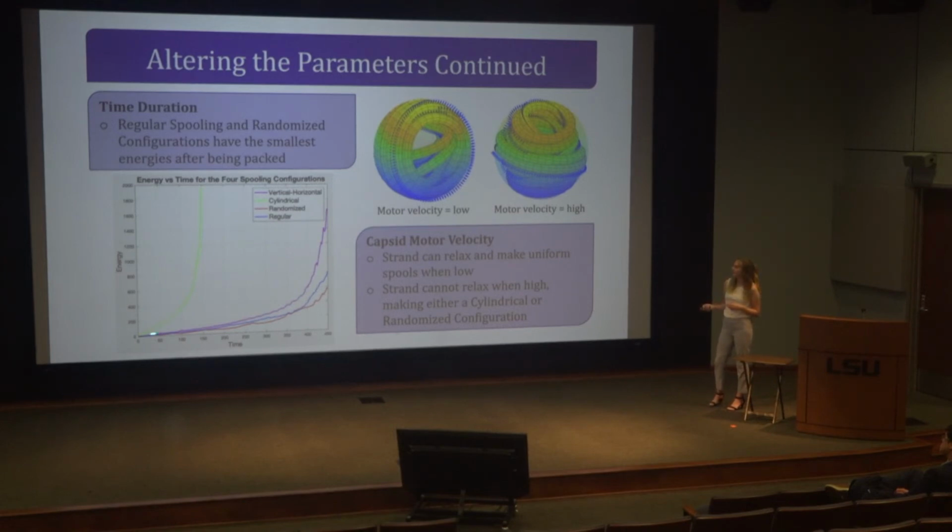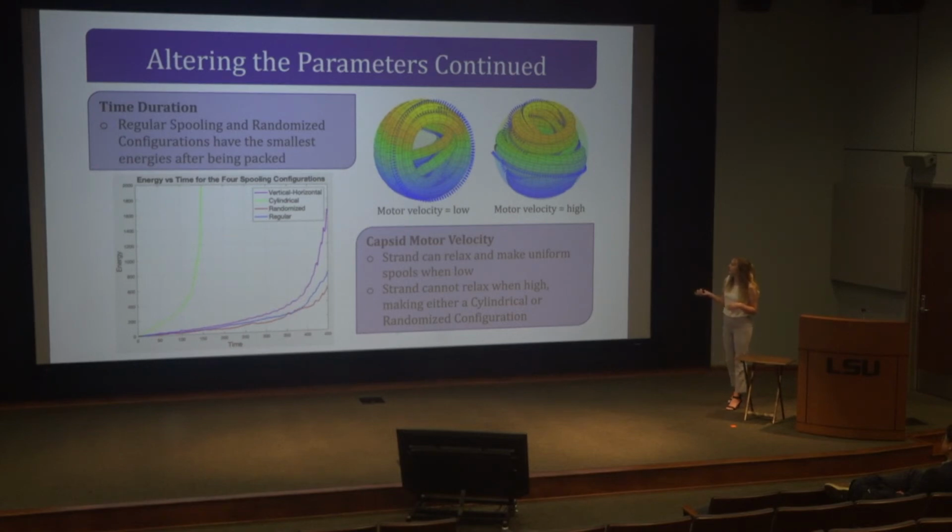Down here you can see the cylindrical simulation at about 150 seconds, it's about fully packed, and that energy just shoots right up, because for that cylindrical configuration, when the strand is being packed into it, it has to push these out to the sides of the capsid, so that requires a little bit more energy. And then we have the vertical horizontal, which requires a little bit less energy, and then it just keeps going down to regular and then randomized.